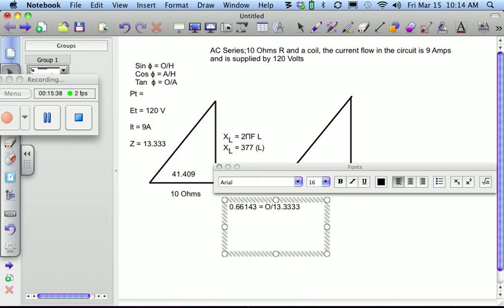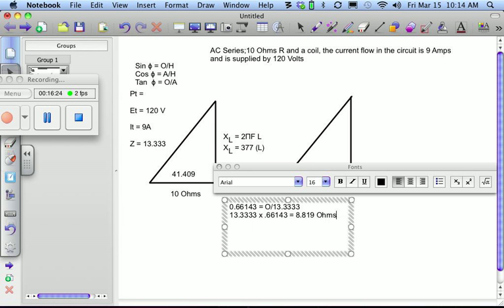So if we just multiply 13.33 times both sides, we'll get 13.3333 times 0.66143 and that whole long number that is still on our calculator. And we'll get 8.819 ohms.